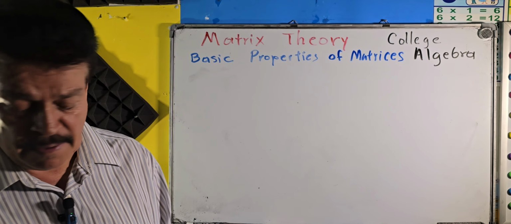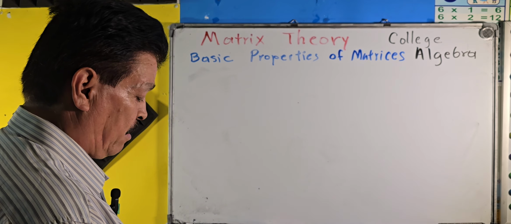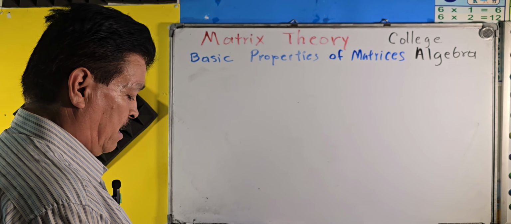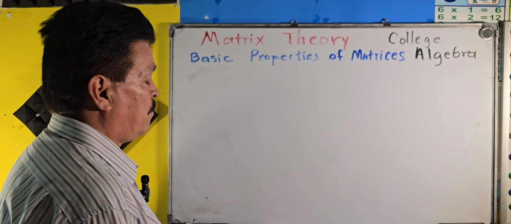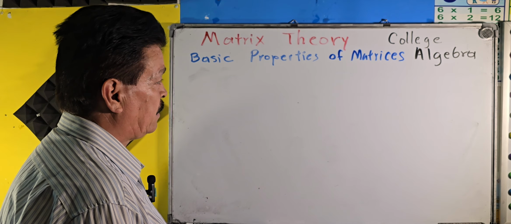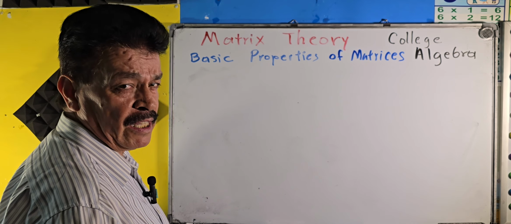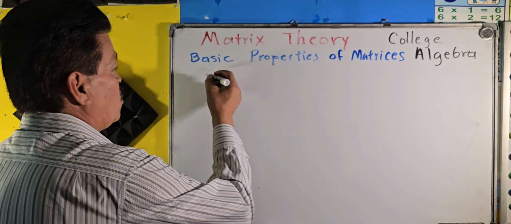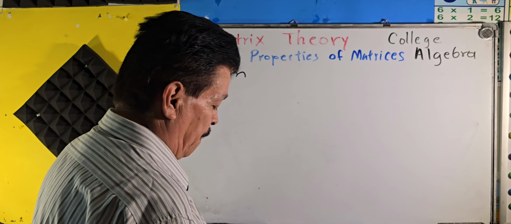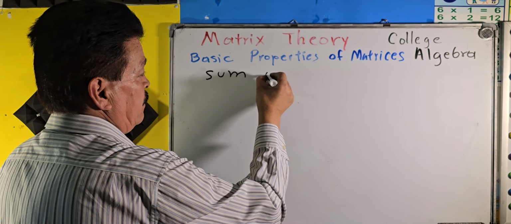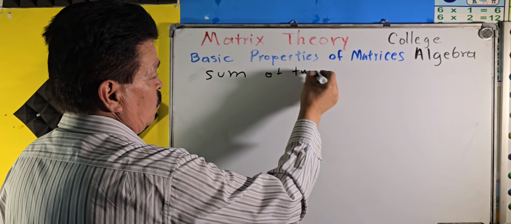Let's talk then, in general, about the first, easy operation: the sum of two matrices.